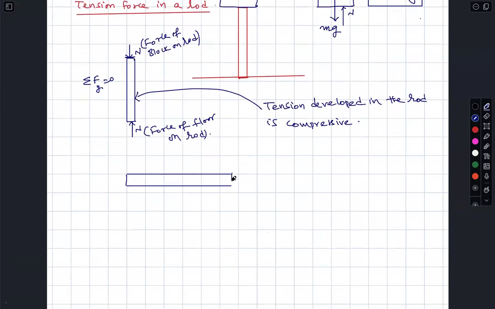You have a light rod like this, fixed to the wall, and you are applying a force F here. In this case, the nature of the forces on the rod is elongating. So elongating tension develops in the rod.